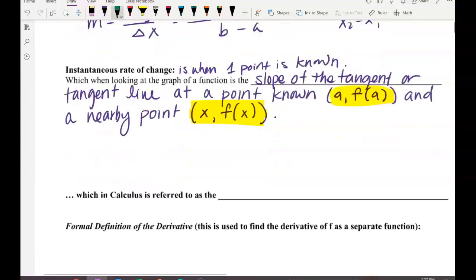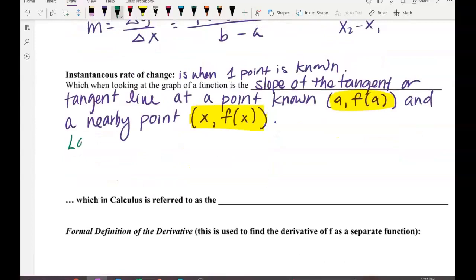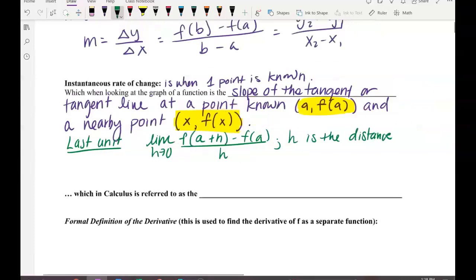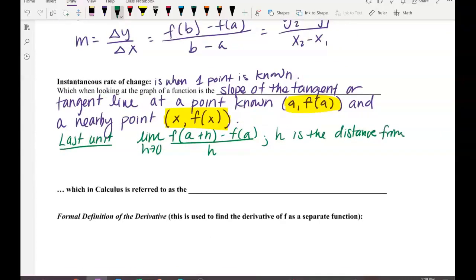Now, last unit, you were given a formula: the limit as h approaches 0 of f of a plus h minus f of a, divided by h, and we talked about h being the distance from a, or to a, however you want to think of it.